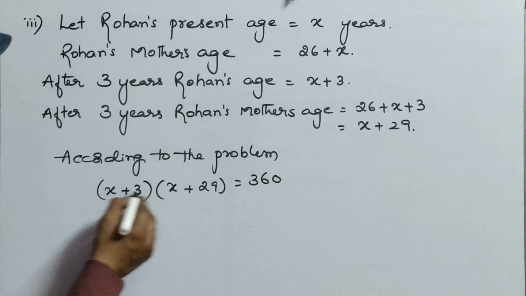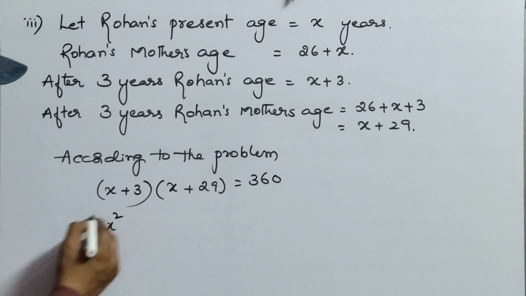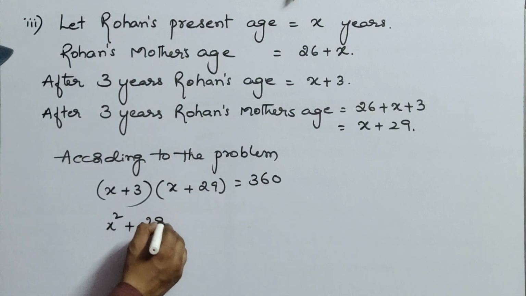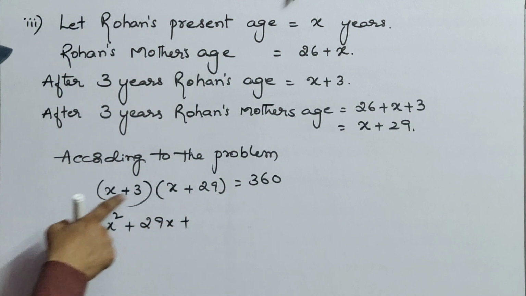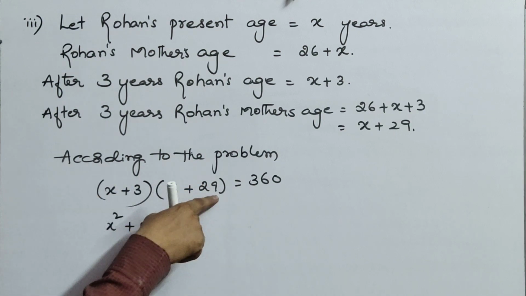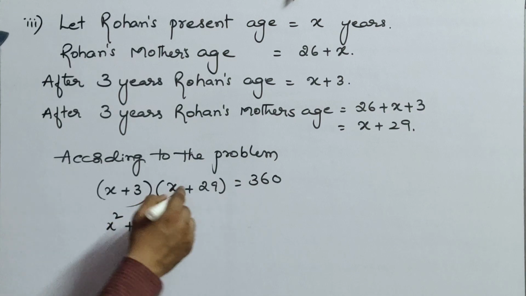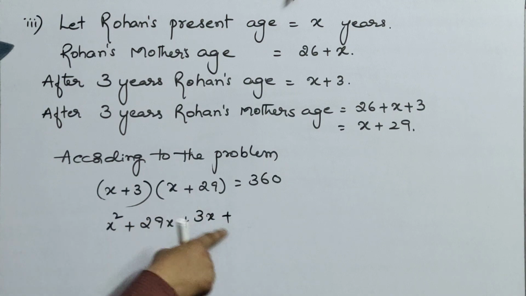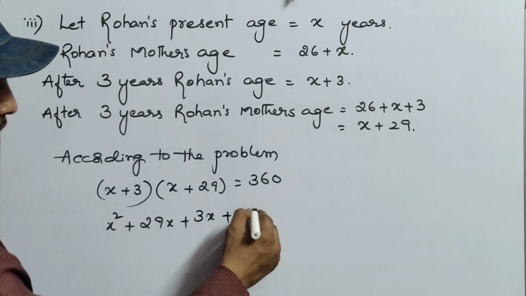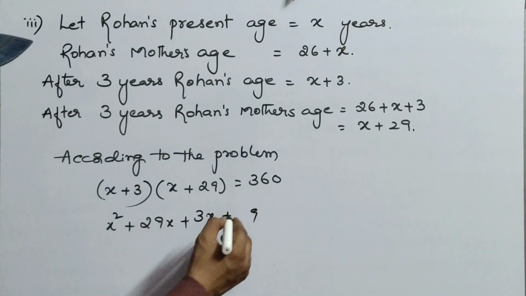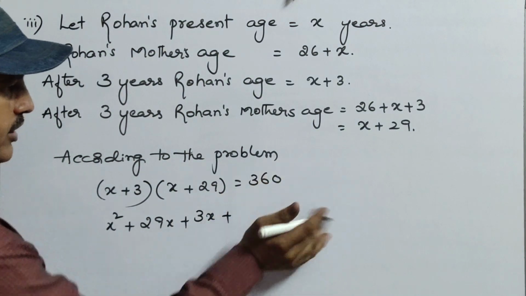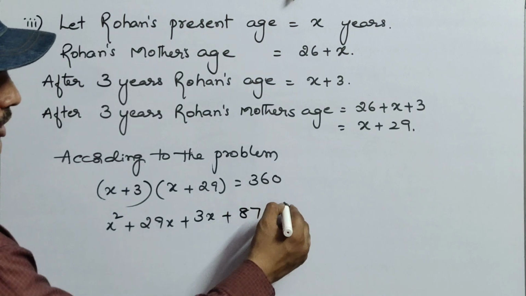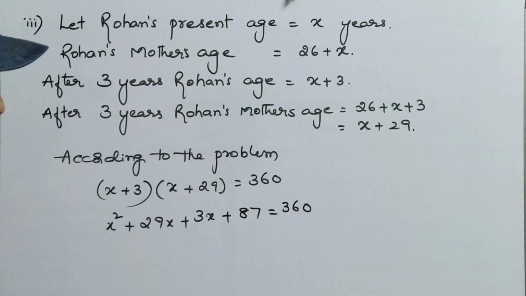Okay, so x into x, x square, x into 29, 29x, plus 3 into x, 3x, plus into plus, 3 into 29: 3 nines are 27, 3 twos are 6 plus 2 is 8, 87, equals 360.